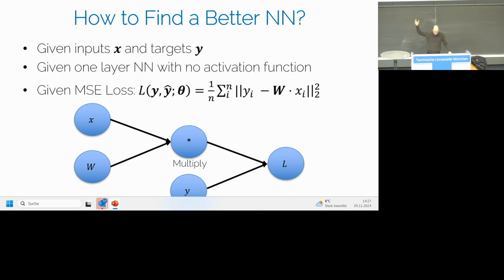In this case, we multiply the input x with the weight matrix W, and then we compute the loss with respect to the label, the ground truth y. And then the idea is that from the loss, we can do a gradient flow to compute the update on the weights.